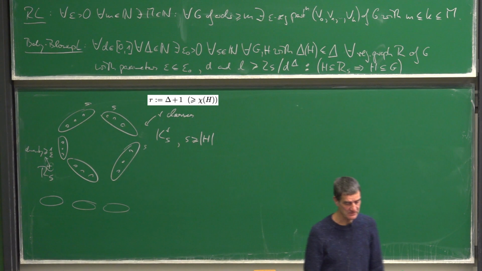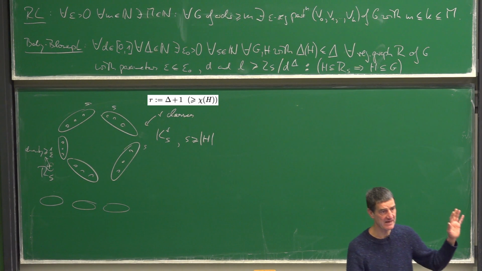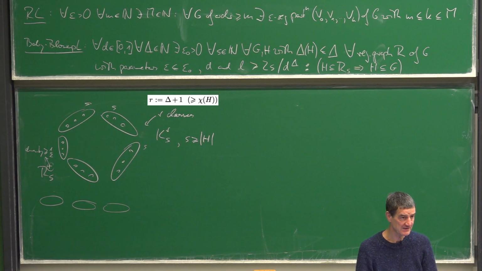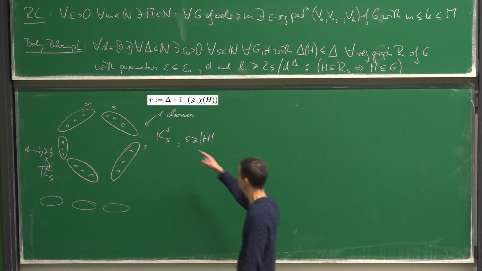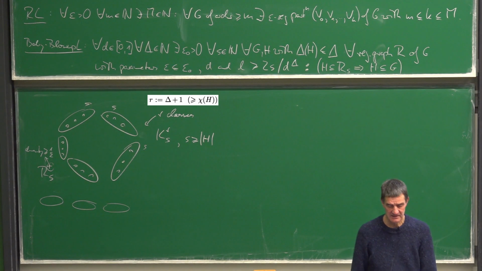Okay, so since the max degree of H is bounded in our case, it's at most big delta. The chromatic number is bounded, it's at most delta plus 1. And therefore, the r that we need here is bounded, namely by this chromatic number, delta plus 1.